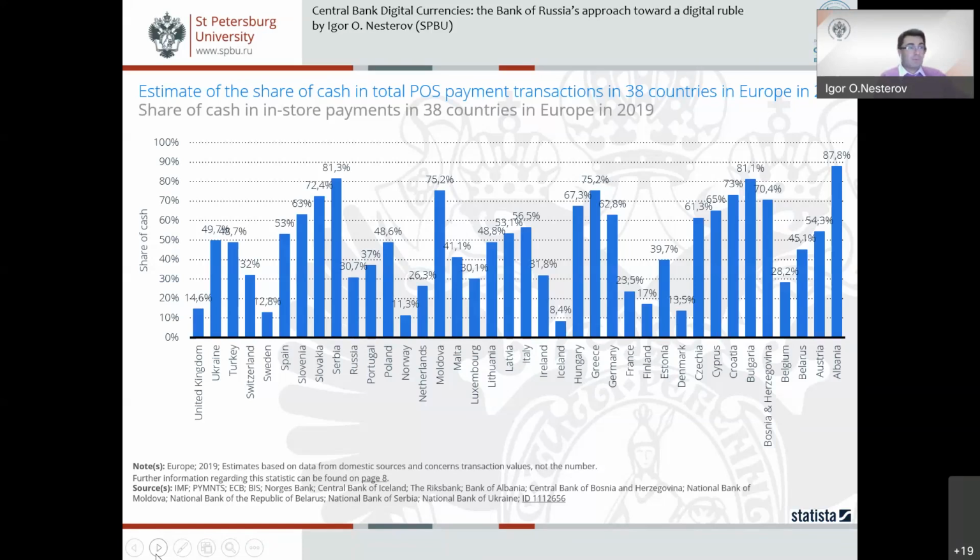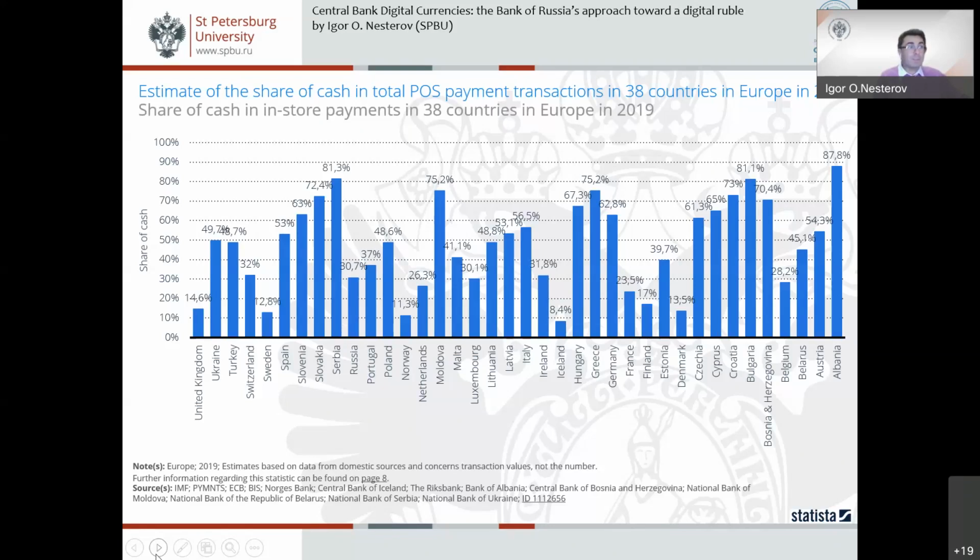So there is a situation where central bank cash money is disappearing from circulation in these countries. Access to traditional non-cash central bank money for households and businesses is still restricted. As a result, the general public, like individuals, households, and businesses, can only rely nowadays on commercial bank money or private digital money, if the latter is not prohibited by law in the country.